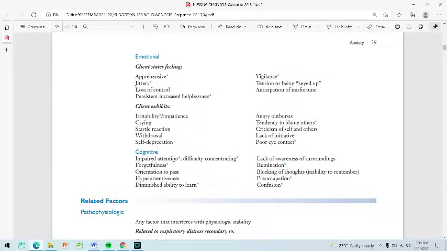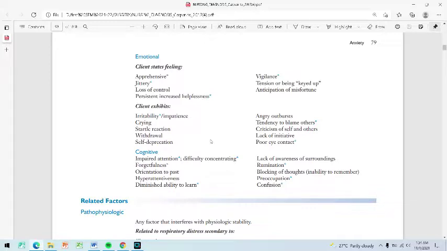So by the way, there are also additional defining characteristics based on different situations. In emotional, the client states feeling of apprehension. Literally, you can check all these as if these things are manifested by your client, by your patient.